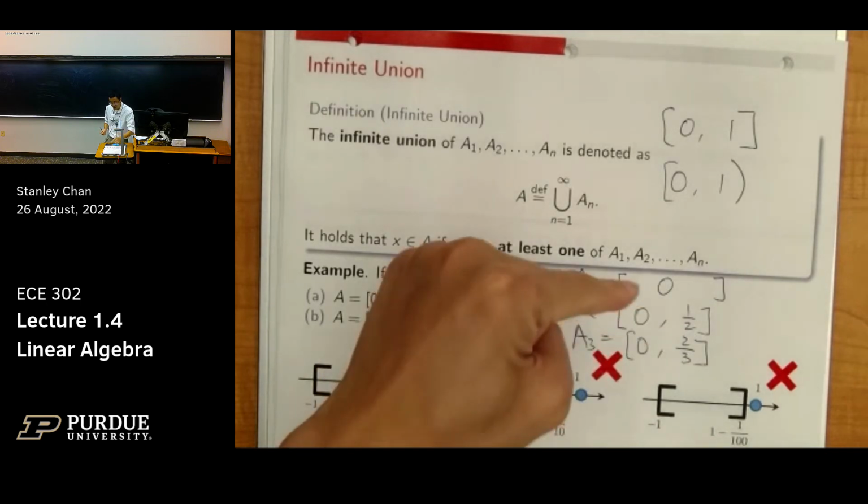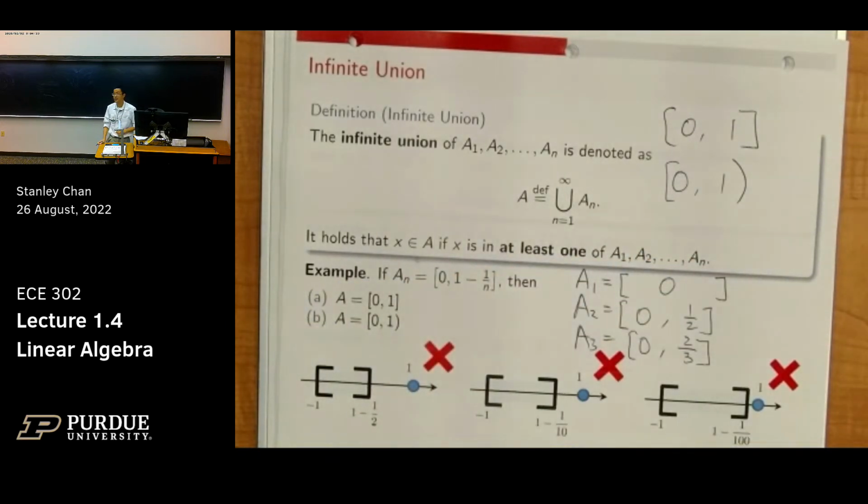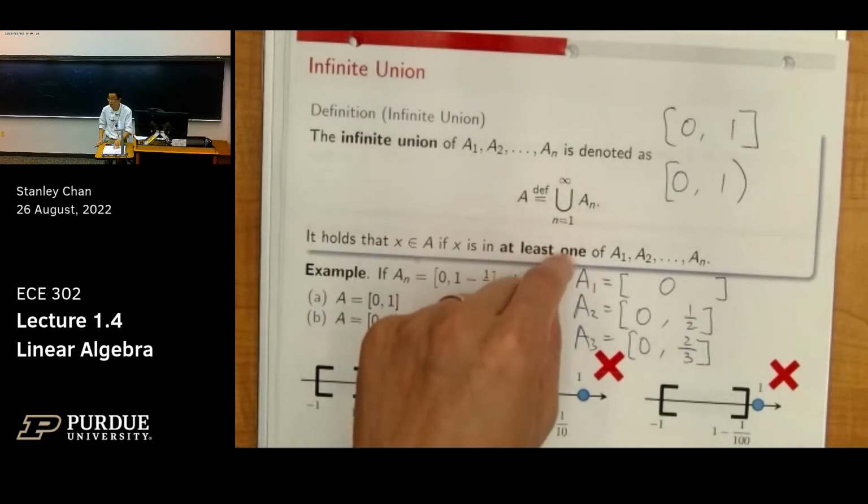It doesn't belong to any of those, no matter how big your n is. You make n equal to 10 million, you are still at 1 minus 1 over 10 million, still not including that number 1. So no matter how big your n is, 1 never appears in at least one of these A1 through An. Therefore, 1 is not part of this infinite union.